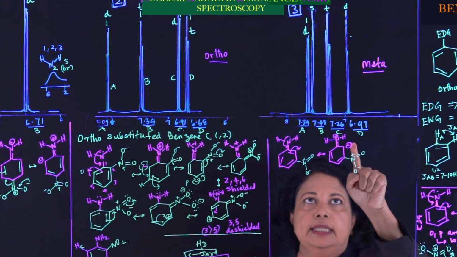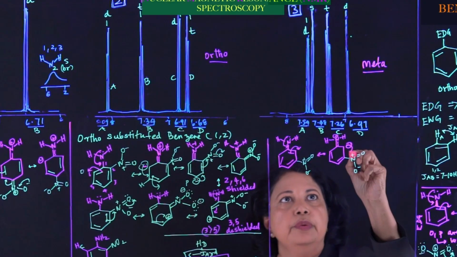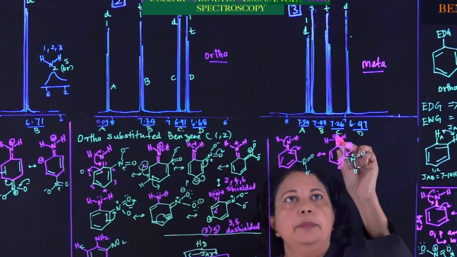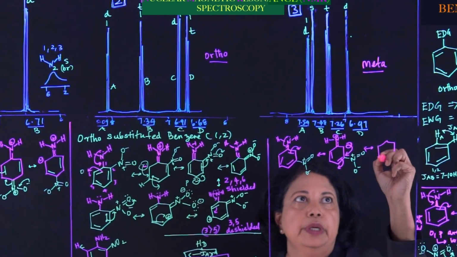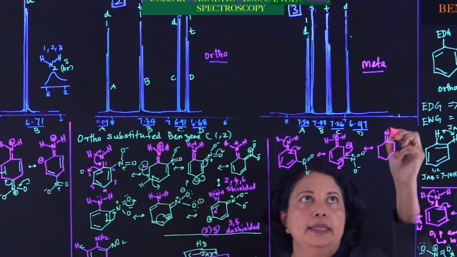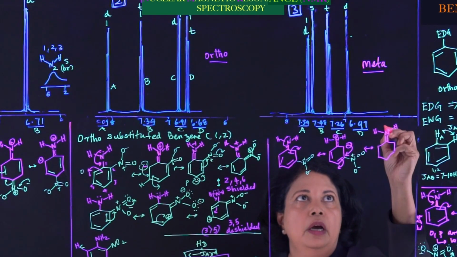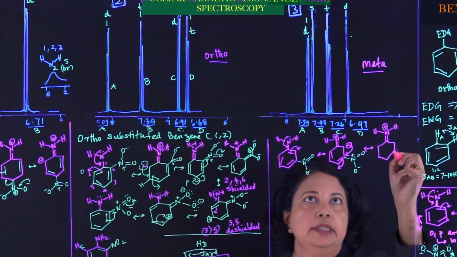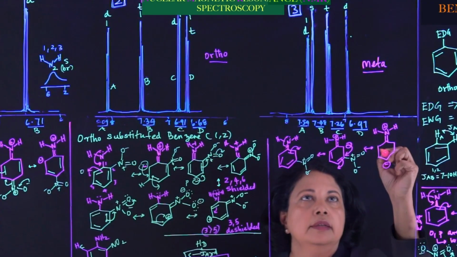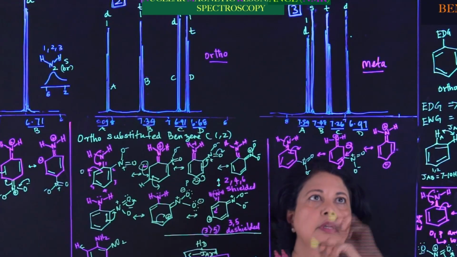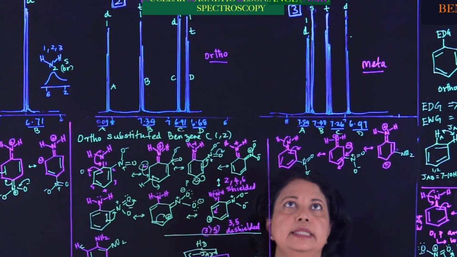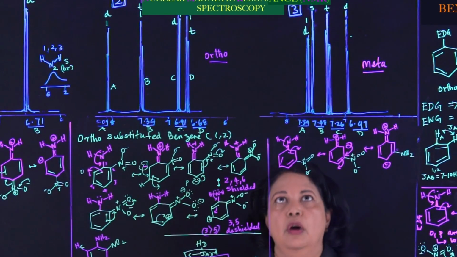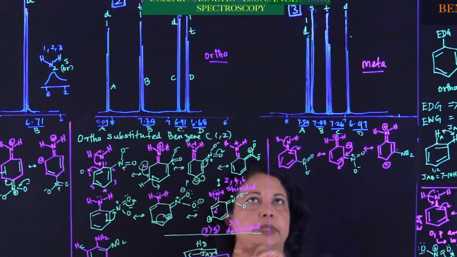Let's look at what this can do. So you can go around the ring and put it on the para position relative to the NH2. So your NH2 lone pairs are going to now end up para to the amino group. So amino group is dumping electron density on 2, 4 positions.